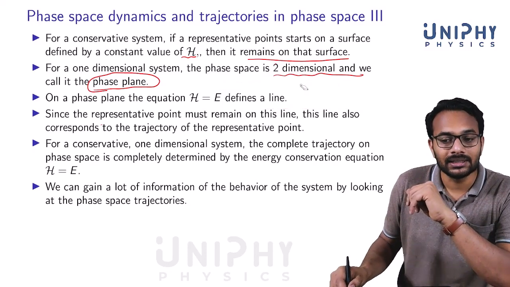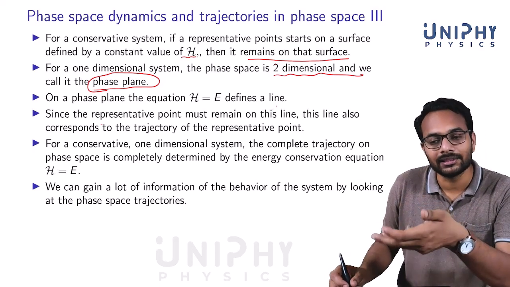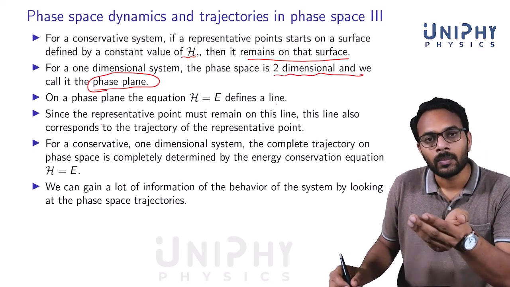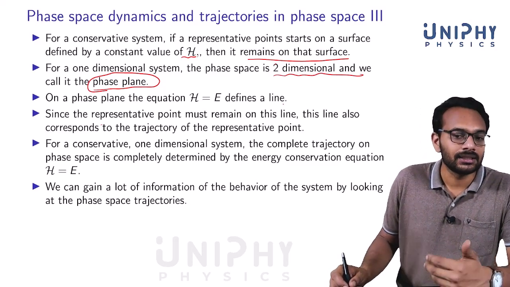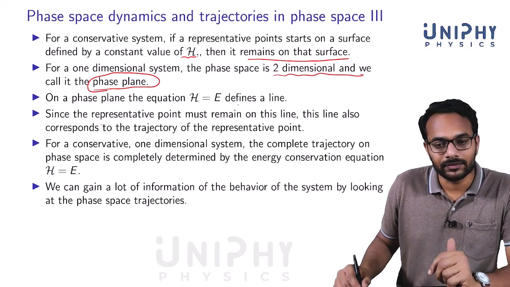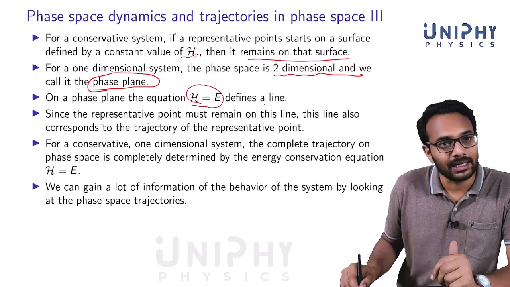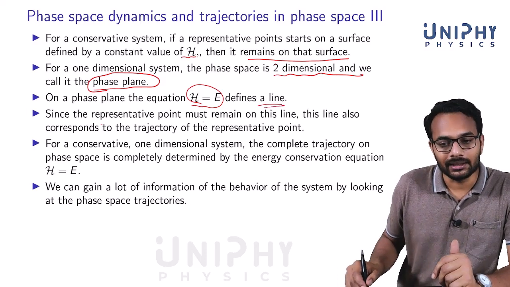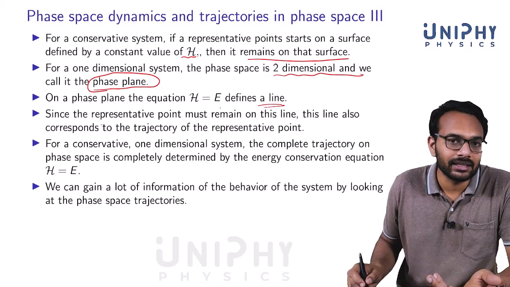So the trajectory also has to match this line, because for a conservative system the representative point must remain on the surface of constant energy. Here, the surface of constant energy in the phase plane is just a line, and the trajectory is also a line, and these lines have to be the same.